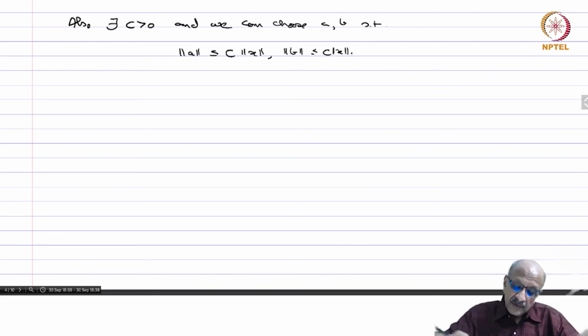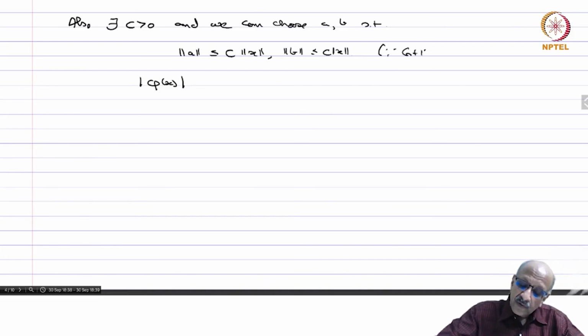This is the previous proposition which we already proved based on the open mapping theorem. Therefore, mod phi of x, and why is this so? Because G plus H is closed, that was the proposition we proved.